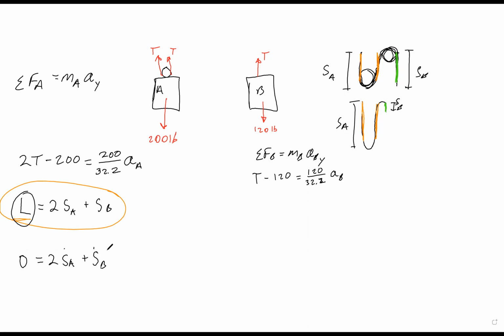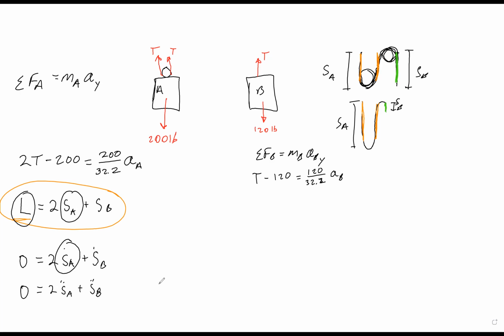This is totally allowed. Okay, and then we do a second derivative. 0 again is 2 s double dot A plus s double dot B. Well, what do I have now? What I have is I turned a length into a velocity into an acceleration.